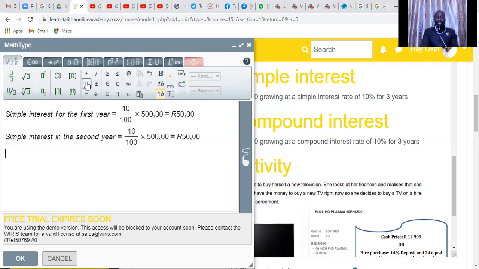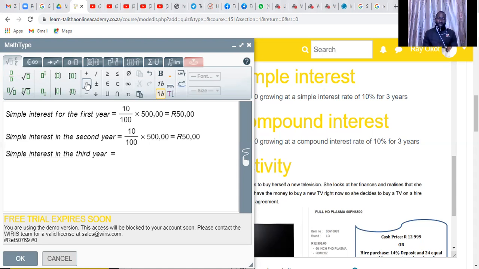Simple interest in the third year. How do we calculate that? Well, the approach is still the same. Remember, in the first year, second year, and third year, the approach of calculation is still the same, and we calculate based on the initial amount of money.